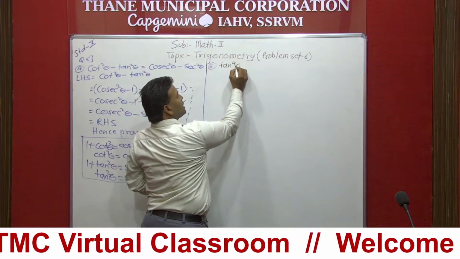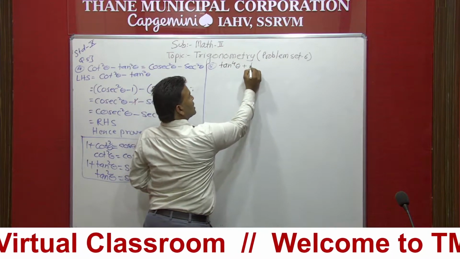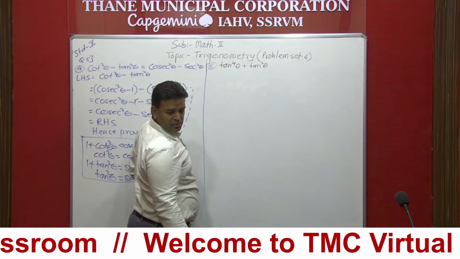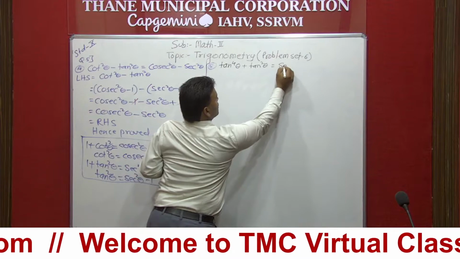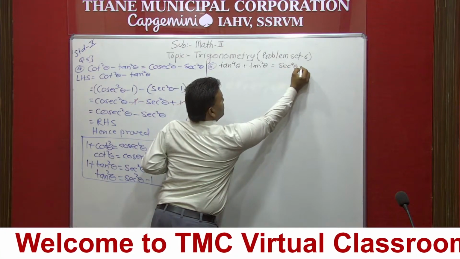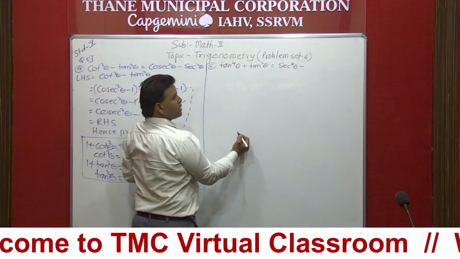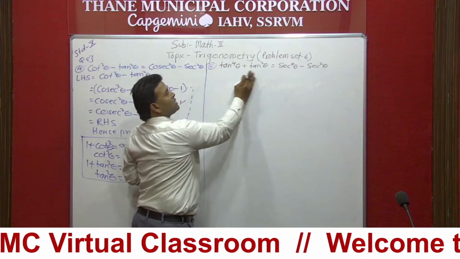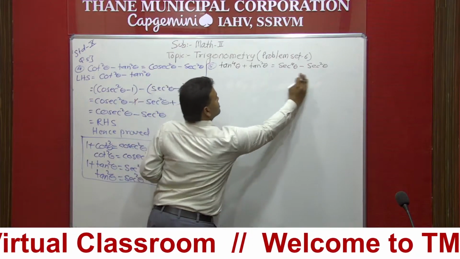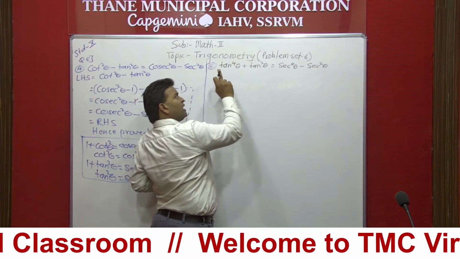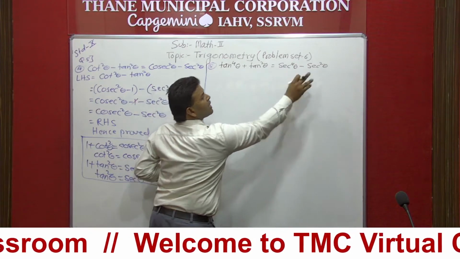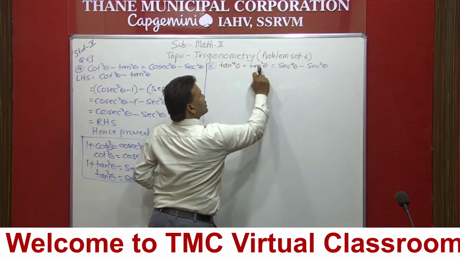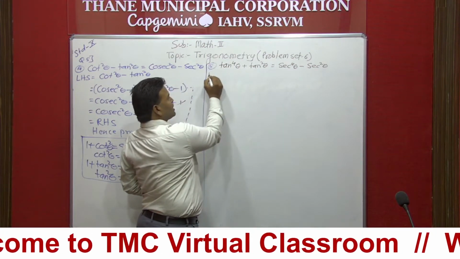Tan power 4 theta plus tan square theta, that is equal to sec power 4 theta minus sec square theta. This is our left hand side, this is our right hand side. Now see, here we have tan and here we are supposed to find sec. The powers are the same, 4, 4, 2, 2. So let's start with the question.